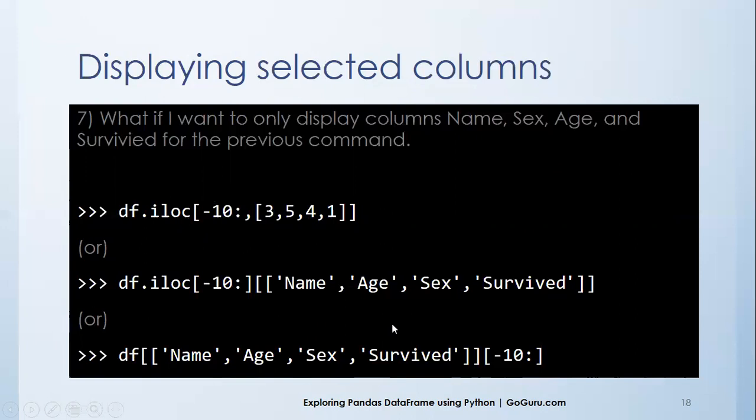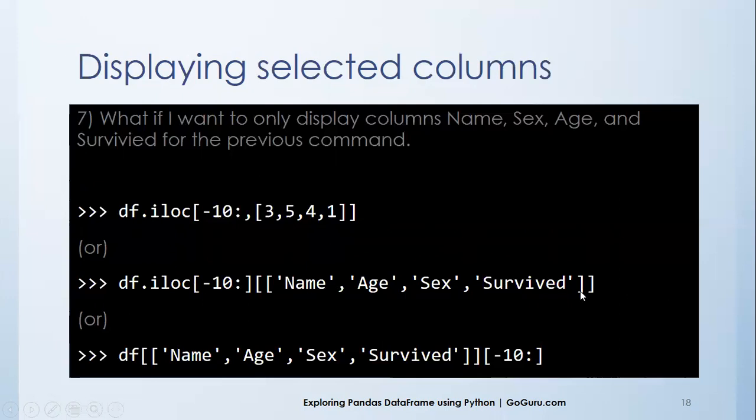The careful thing that you need to note here is a mistake people often make. You have said you want 10 rows, and from the 10 rows, you want only these 4 columns. When you say you want the 4 columns, you have to embed them within double square brackets, at the beginning and the end.